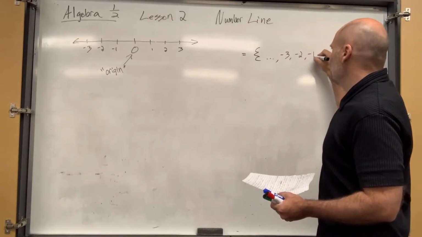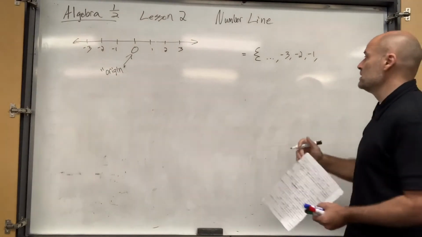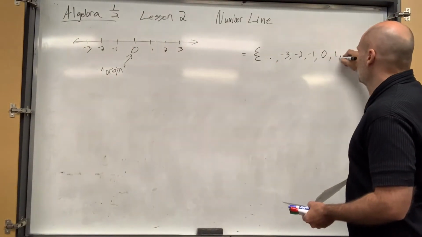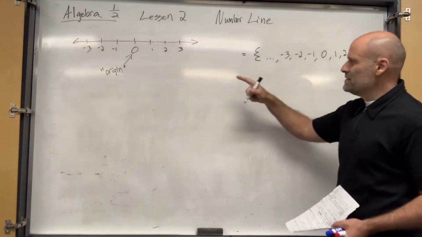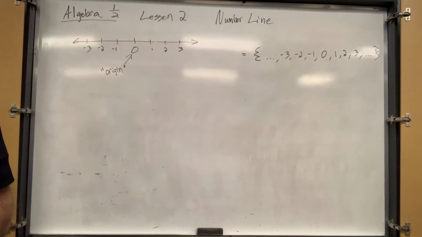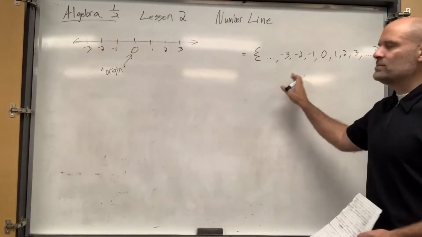It's not fractions, because fractions are the ones in between all these numbers. Decimals are also in between. Not all negative numbers are in this set, because you could have -1.5, and that's not part of this set. They're all the whole numbers and their opposites.